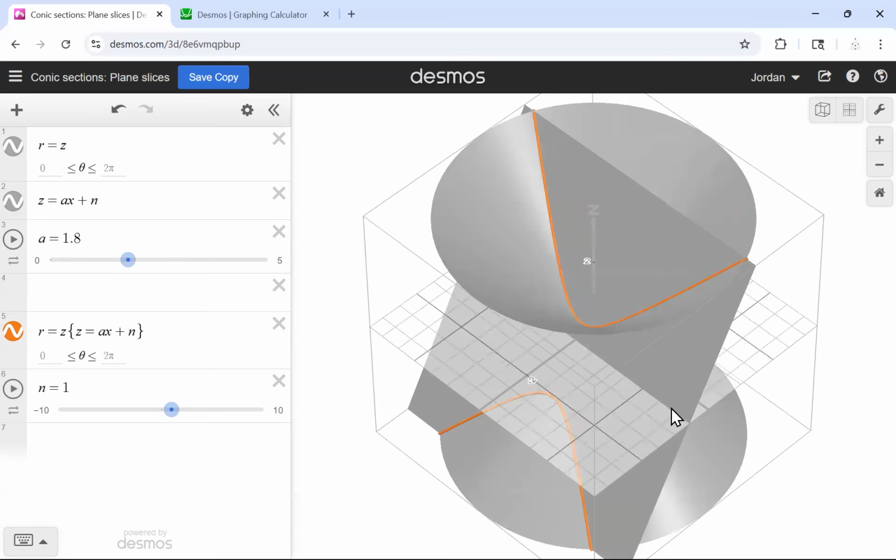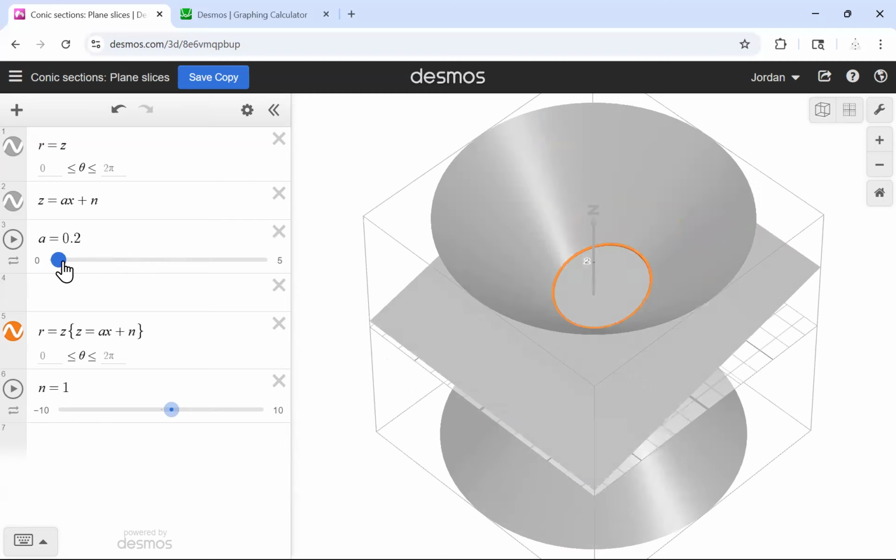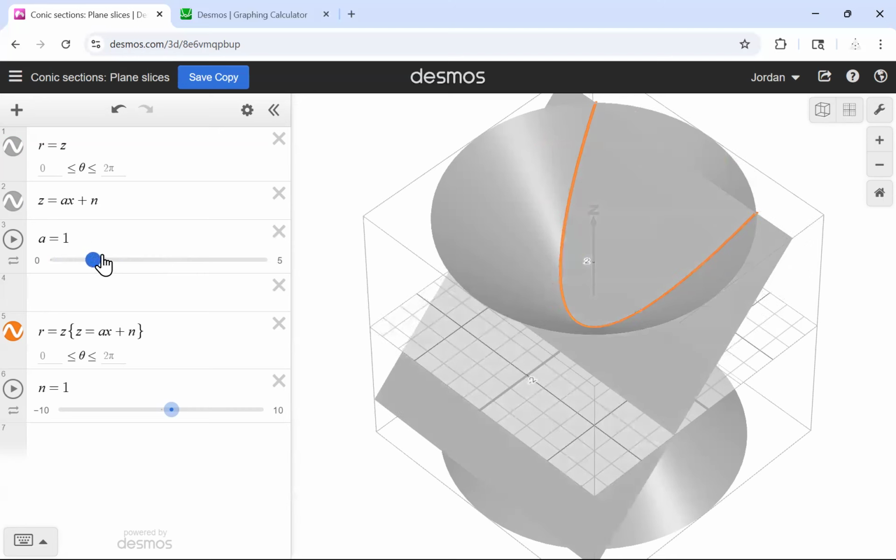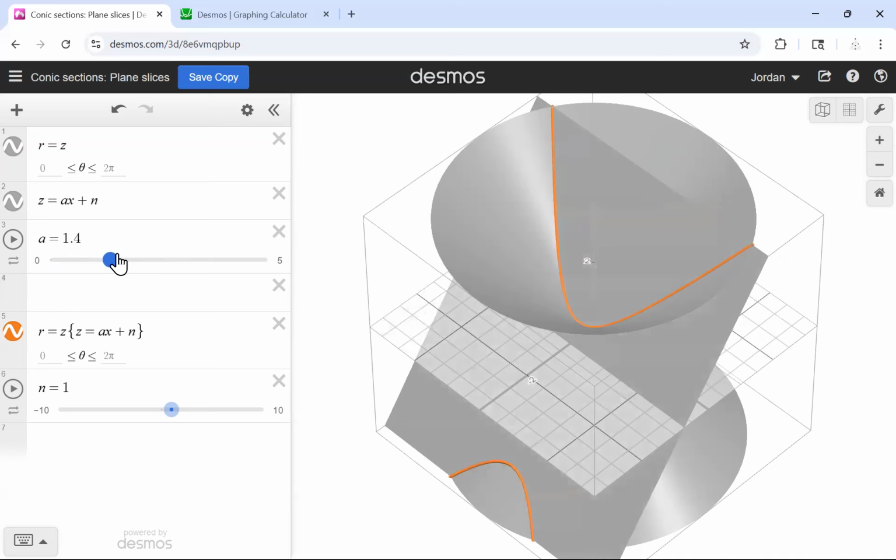So eccentricity is essentially telling me how my plane cuts through that cone, from 0, then up to 1, and then beyond 1.